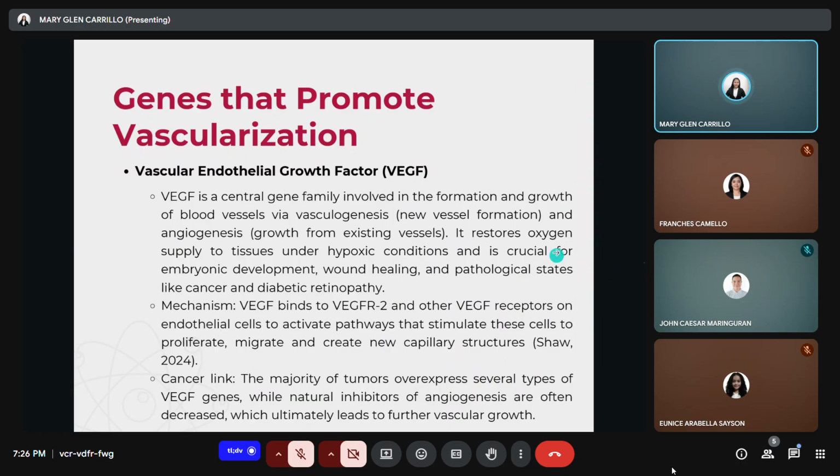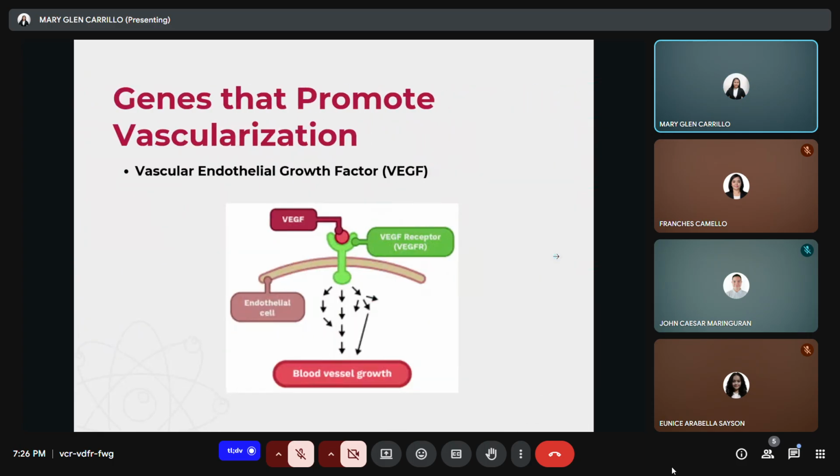So here's how it works. VEGF binds to special receptors on the surface of endothelial cells. Endothelial cells, as you can see in the figure, are the ones that line the inside of blood vessels. One key receptor is called VEGFR, or vascular endothelial growth factor receptor, specifically VEGFR2.